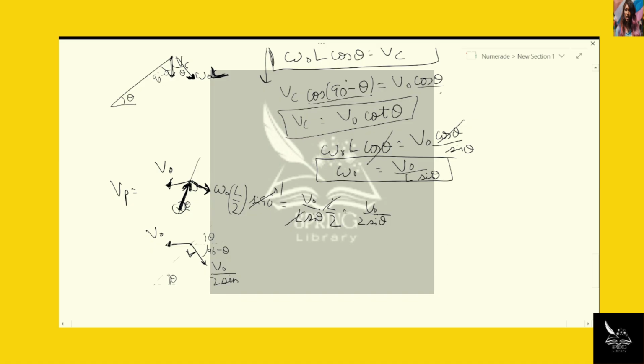The speed, which is the magnitude of velocity, is V naught over 2 sine theta. So we can break this into two components, one along this and one along this. So if we break this down, we can write this in terms of nice i and j components.